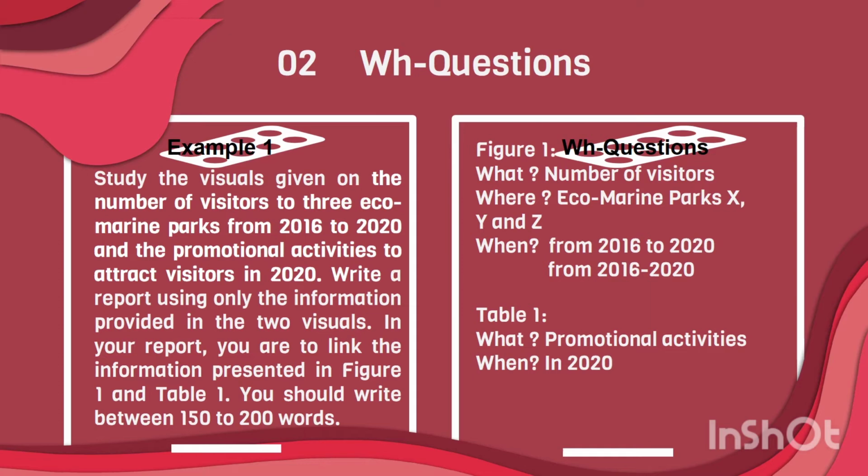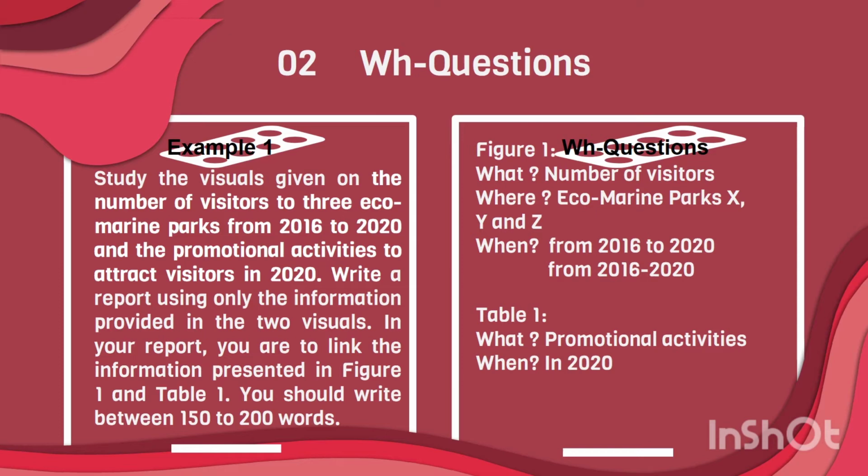Okay, this is the visual. This is the question. Okay, now we answer the WH questions. Number 1, what is it? It is about the number of visitors. Where is it? The 3 eco-marine parks. Remember? Eco-marine park X, eco-marine park Y, and eco-marine park Z. When is it?